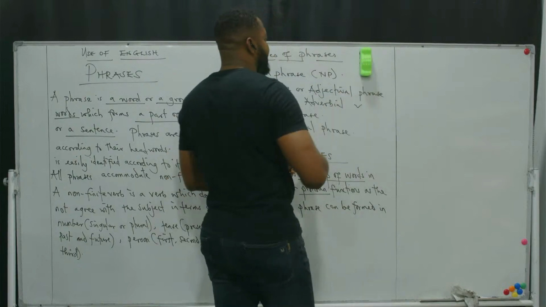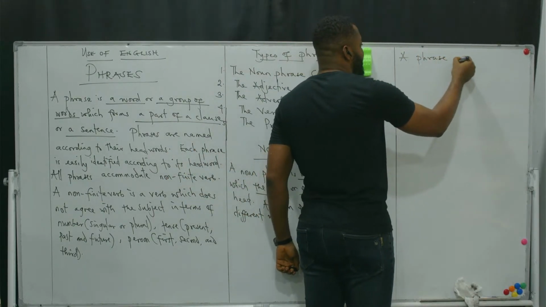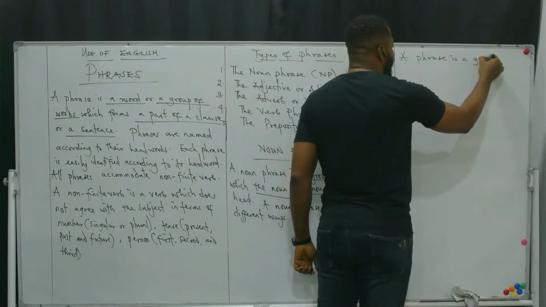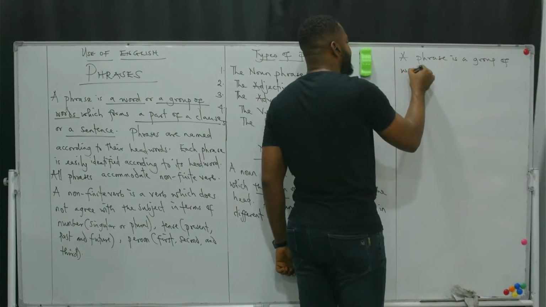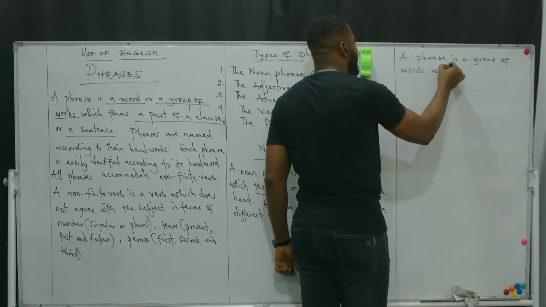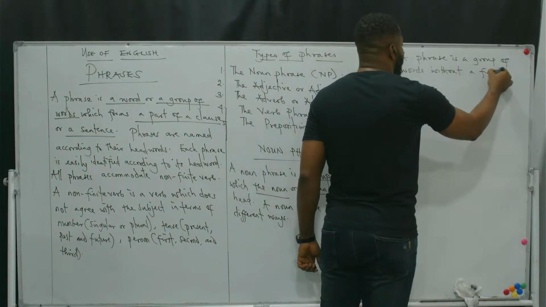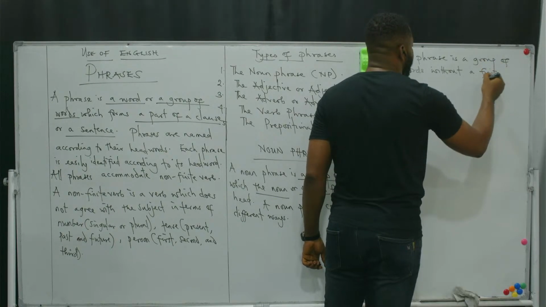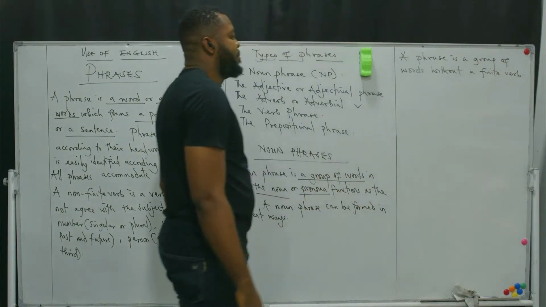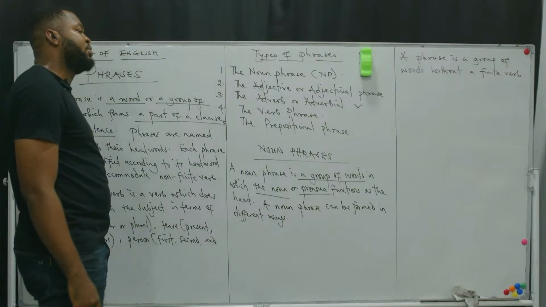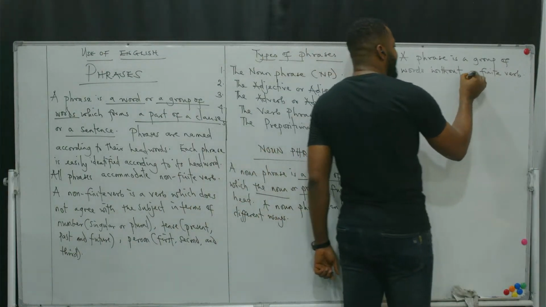Let me illustrate that here. A phrase is a group of words without a finite verb. So that means in a phrase, you won't find a finite verb.